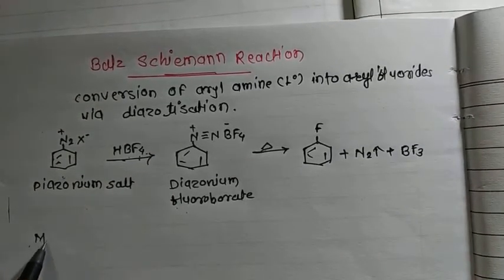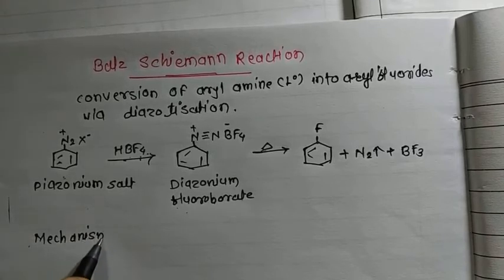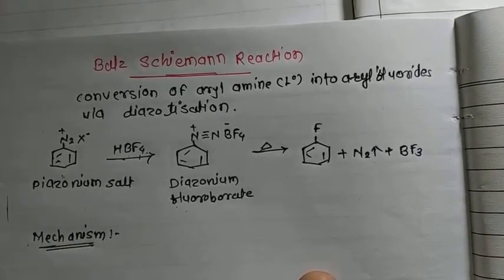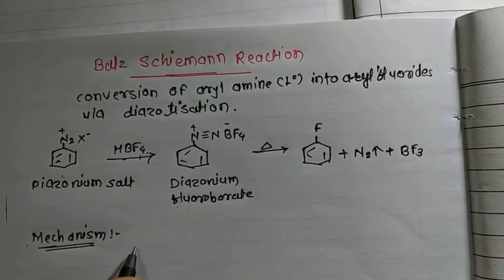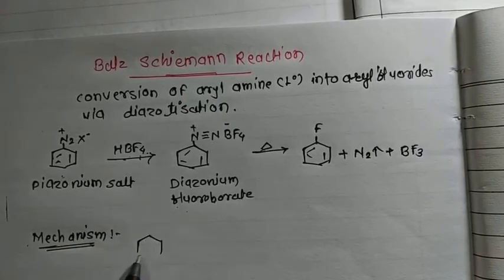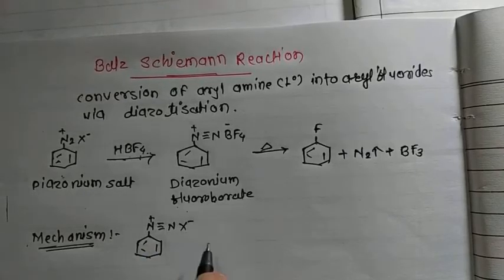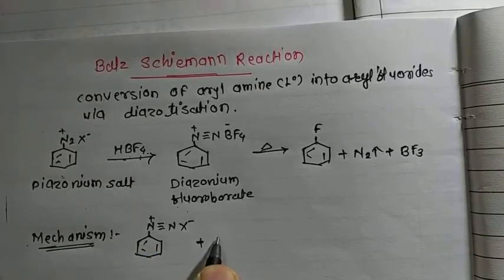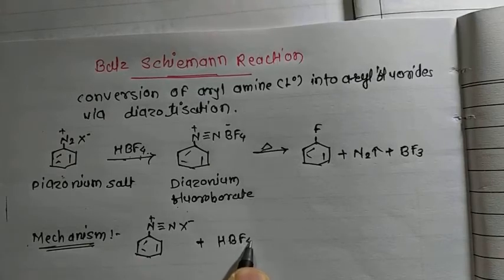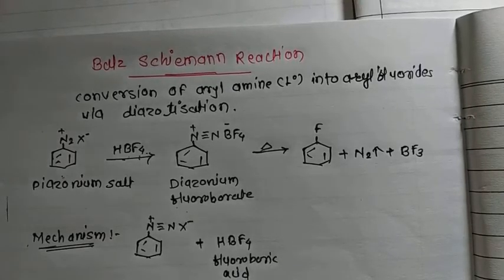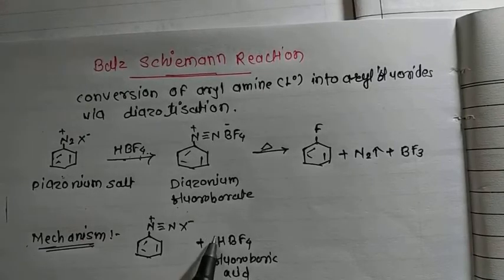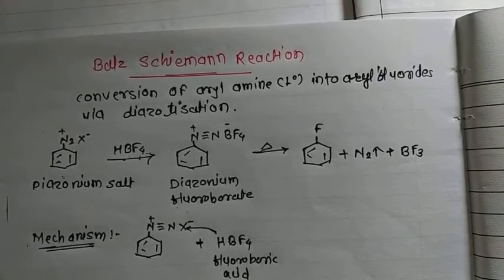So the mechanism is, we are taking first benzene diazonium salt, X minus. Okay, it first reacts with fluoroboric acid, HBF4, fluoroboric acid. Okay, now this fluoroboric acid gives an H plus, so this H plus goes to this X minus.